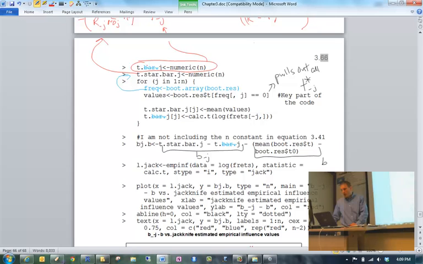Well, let's loop over all of our observations. So I say for j in 1 to n, I'm going to take freak, comma, j equals 0. So notice when j is equal to 1, that means look at column 1.